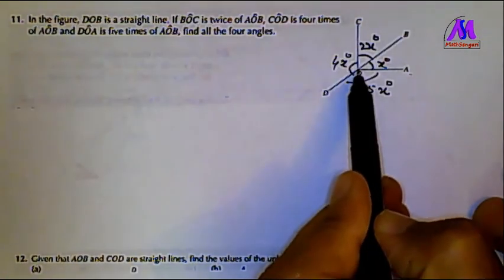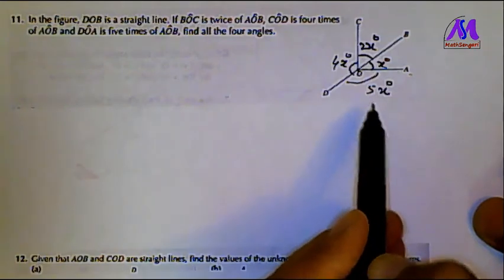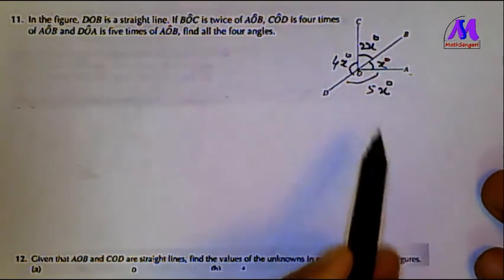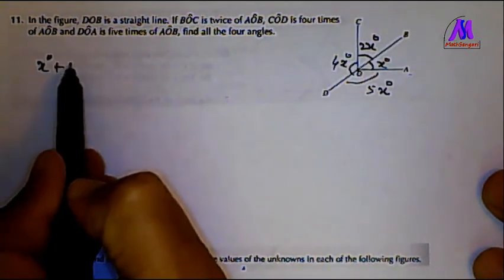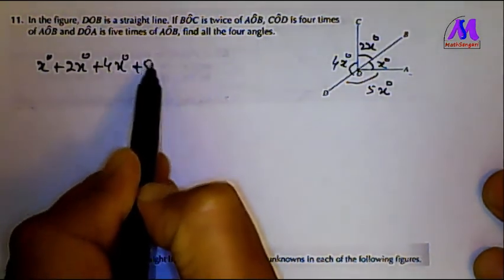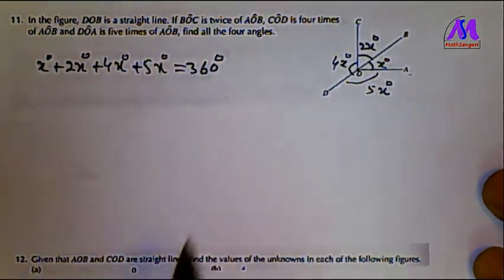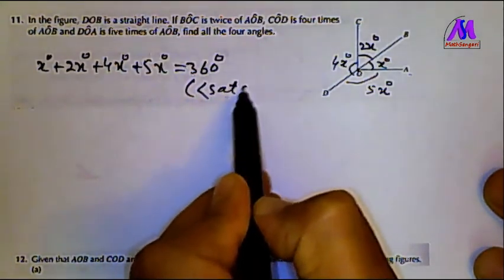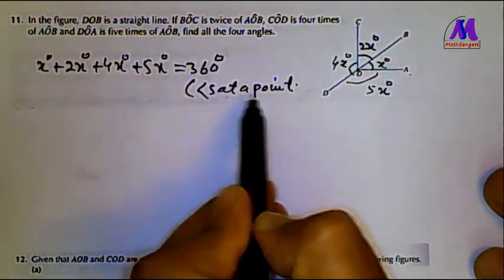So here is a point O. We already know that the sum of the angles at a point will be equal to 360 degrees. So x degree plus 2x degree plus 4x degree plus 5x degree will be equal to 360 degrees. Mention here the reason: angles at a point.